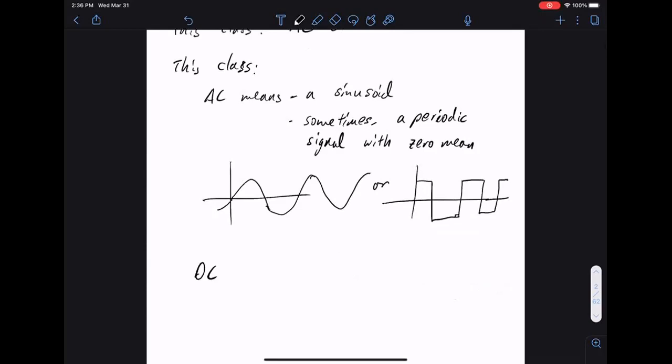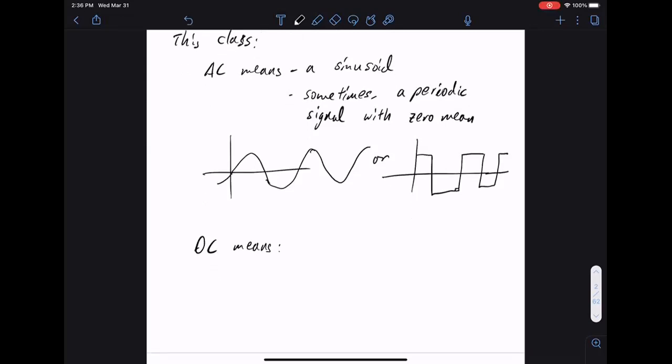Then DC. What does DC mean for us in this class? Normally when you think of DC, you think of a signal with a constant function value. But for this class, DC means any signal that is always non-negative.